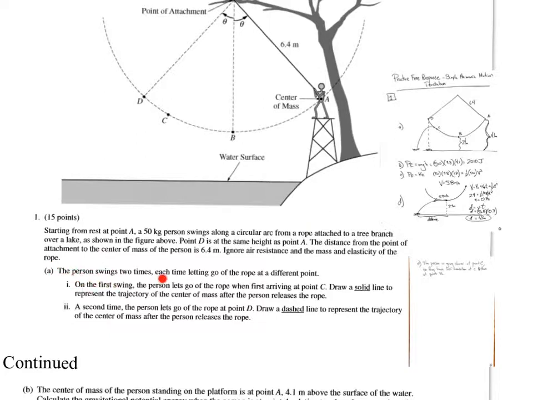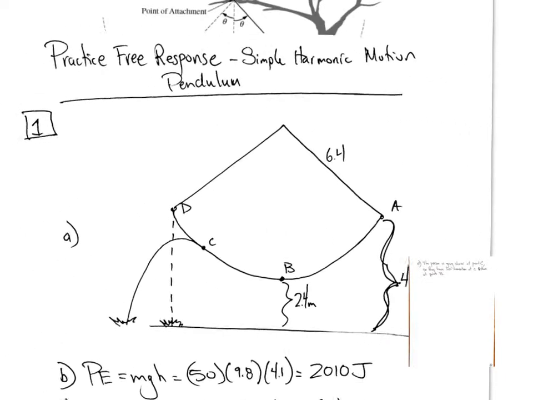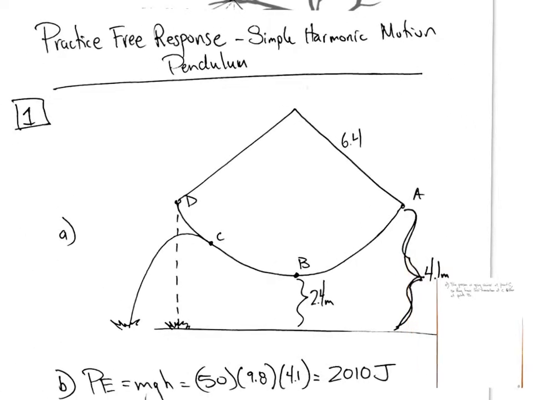Okay, the person swings 2 times, each time letting go of the rope at a different point. So on the first swing, the person lets go of the rope when they're at C, and for the second swing, they're going to let go at D. We're supposed to draw what that looks like, and it looks something like this, where at point C, notice how the velocity is tangent to the circle right as it starts, and then it goes up and then comes back down.